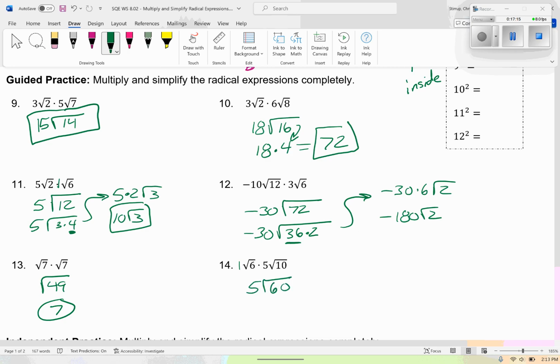60. Okay, take a look at our blue chart. So does 49 work? No. Does 36 work? No. Does 25 work? Does 16 work? See if 16 works.